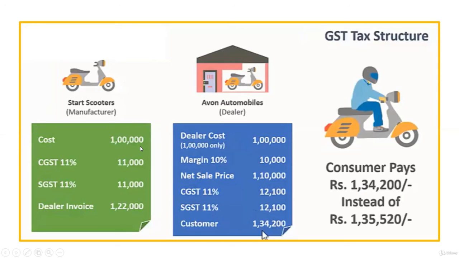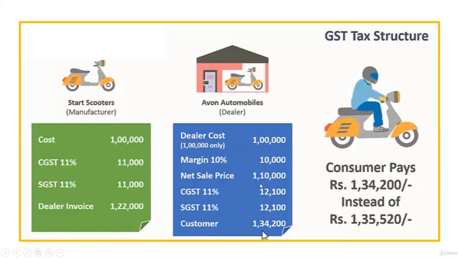Now, if I see the GST structure, Start Scooters, a manufacturer for which the cost comes to 1 lakh rupees, doesn't need to add excise. They simply have to pay CGST and SGST of rupees 11,000, and the dealer invoice comes to 1,22,000. Now, when he sells the scooter to Avon Automobiles, the dealer cost is 1 lakh rupees only, because the dealer is not adding excise duty here. The dealer adds his margin of rupees 10,000, and the net sale price becomes 1,10,000.